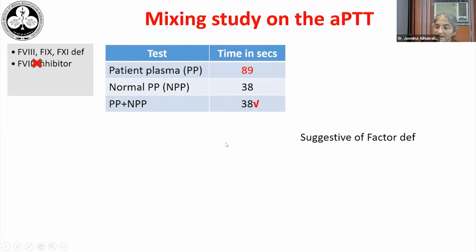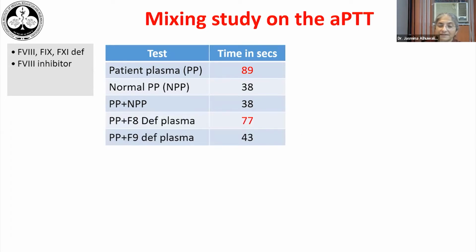The next thing we have to decide is which of the factors 8, 9, or 11 is responsible for this. We do this by trying the mixing test with a factor deficient plasma. Instead of normal pooled plasma, now we use a factor 8 deficient plasma or a factor 9 deficient plasma and add it to the patient's plasma.